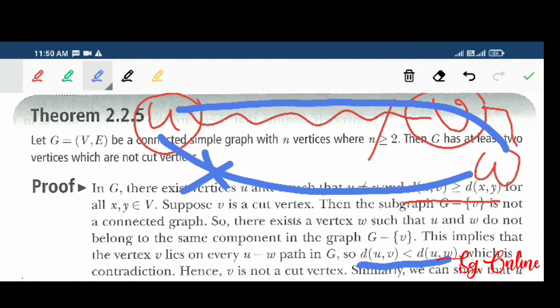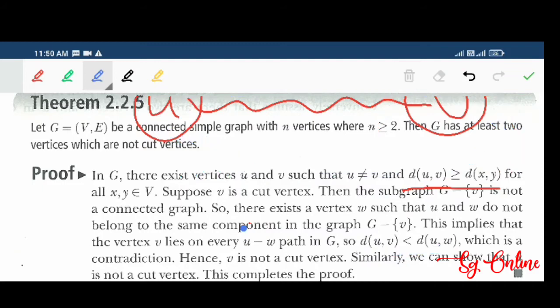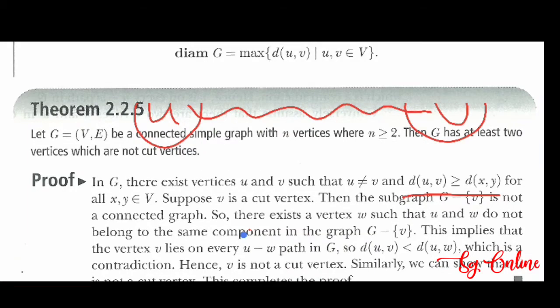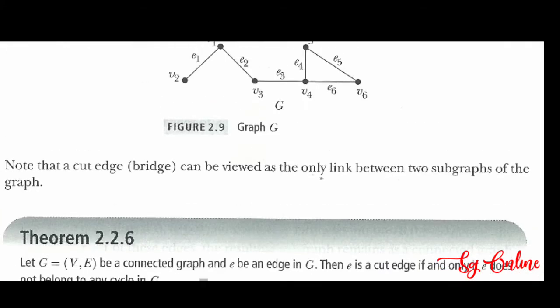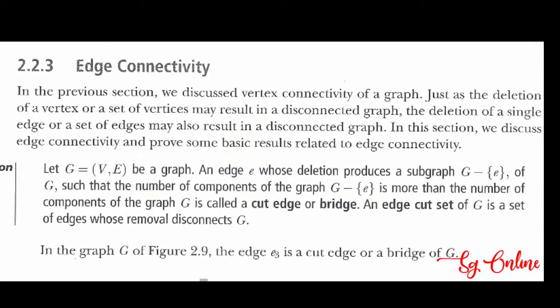This contradiction says that V is not a cut vertex. In exactly the similar way, you can see that U is not a cut vertex. So any connected simple graph with at least two vertices has at least two vertices which are not cut vertices. This gives the result on cut vertices and vertex connectivity.